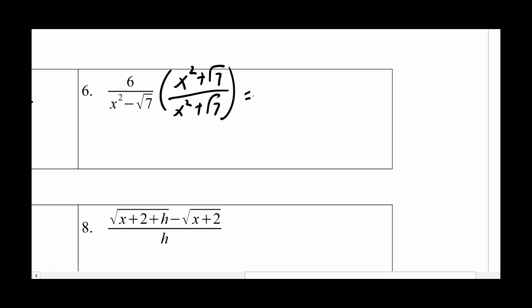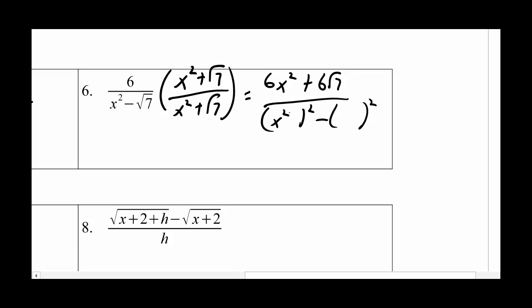All right, number 6, again, we're going to rationalize this denominator by multiplying by the conjugate. Okay, up top, numerator, I'm just going to distribute that in. So 6x squared plus 6 square root 7. In the denominator, I get the difference of two squares.